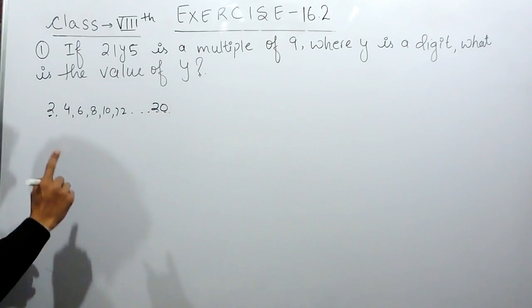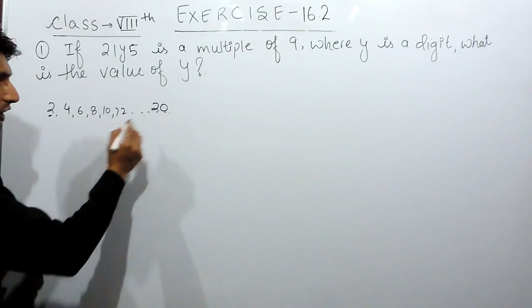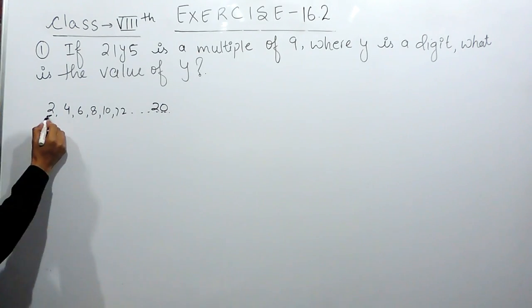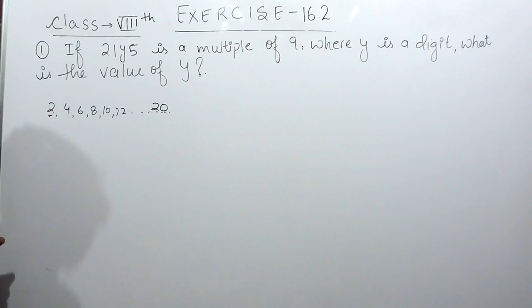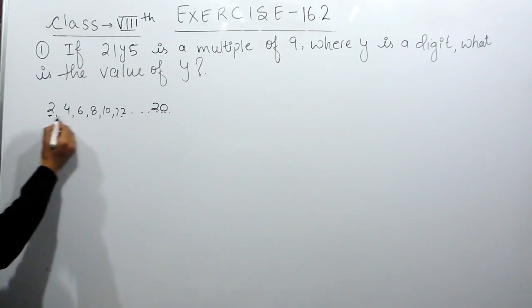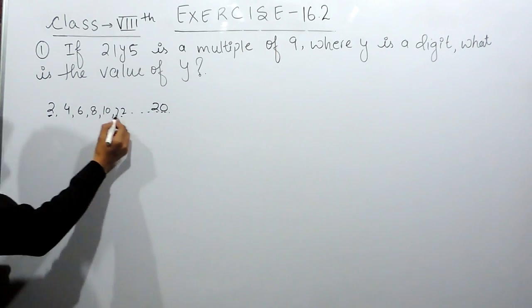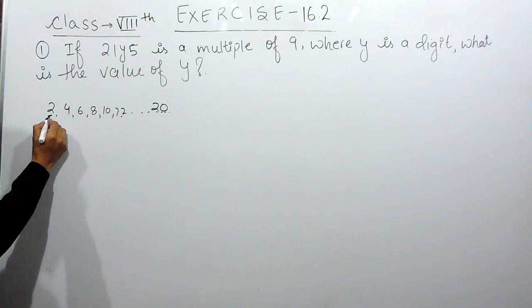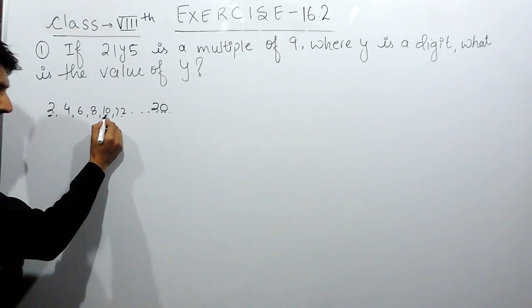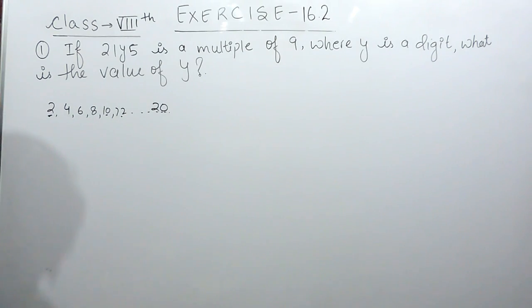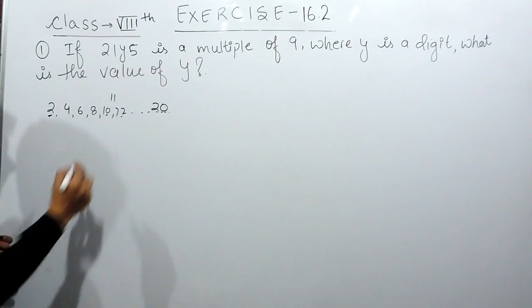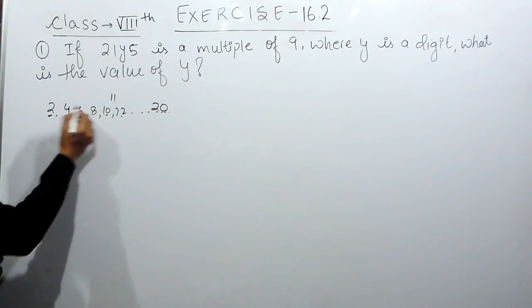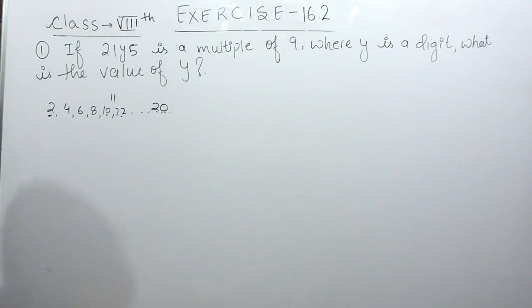How have I come to this conclusion? Because 20 is completely divisible by 2. Similarly, 12 is completely divisible by 2, that is why 12 is a multiple of 2. 10 is also completely divisible by 2, so 10 is also a multiple of 2. But 11 is not a multiple of 2 because 11 is not divisible by 2.